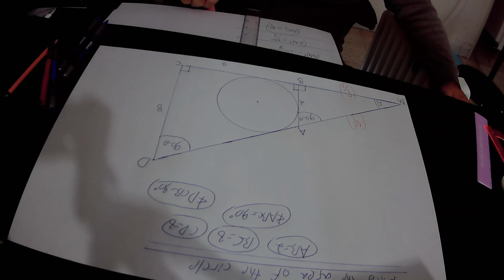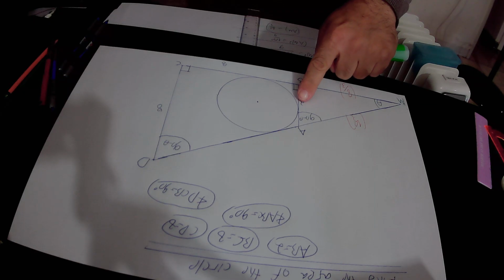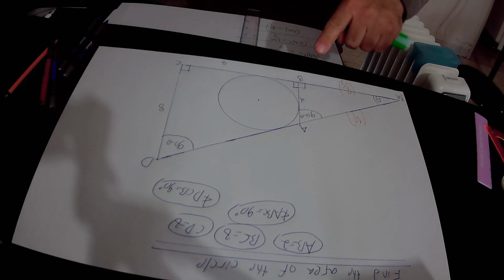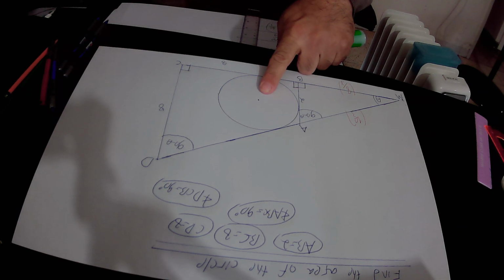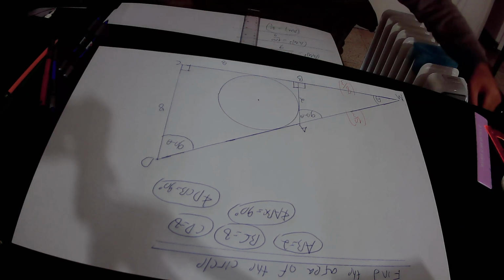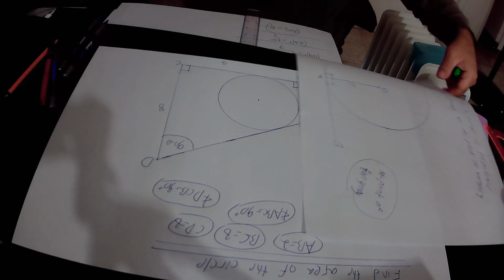In the next step, I present to you a new rule. Here, side AB is tangent to the circle, and side BC is tangent to the circle at this point. This point is the center of the circle. We have here rule number 1.